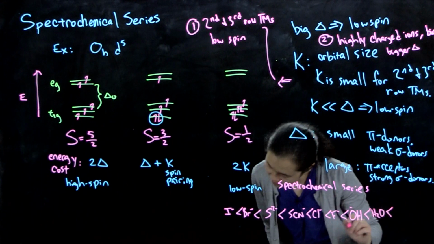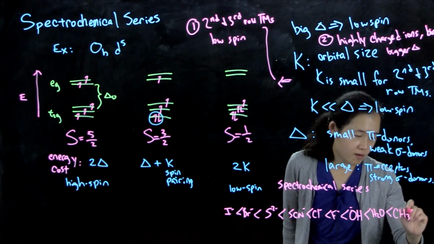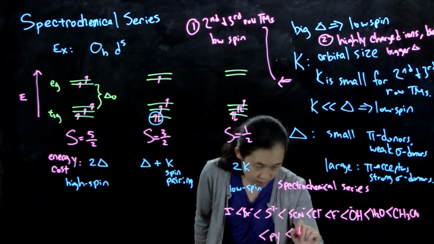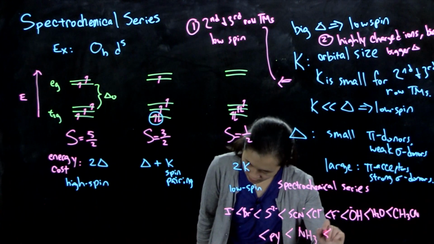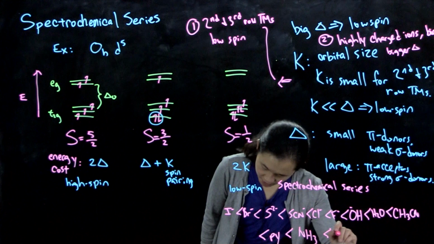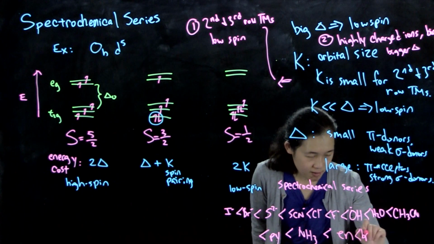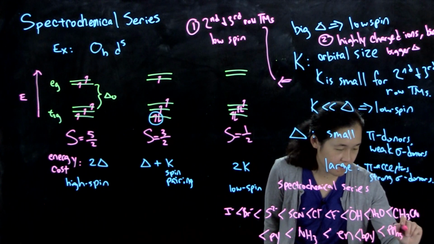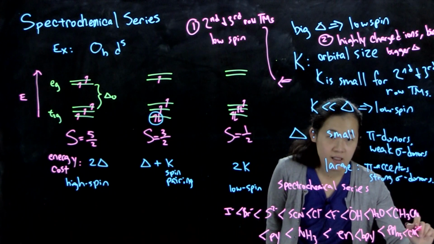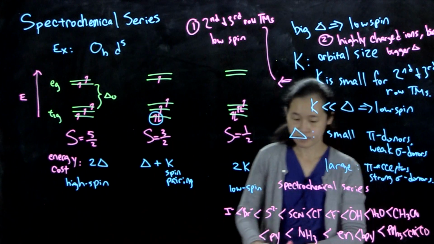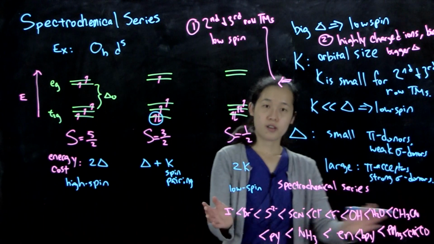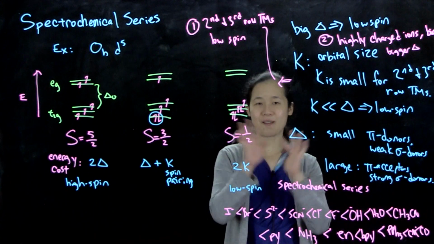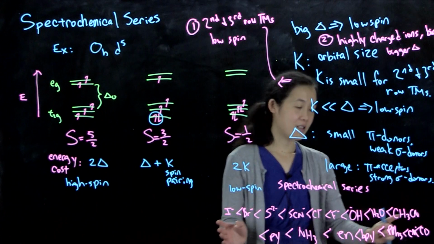Acetonitrile, pyridine, ammonia, ethylenediamine, bipy. Okay, and now we're getting into pi acceptors: triphenylphosphine, cyanide, CO. So this is an ordered spectrochemical series from small delta to large delta.